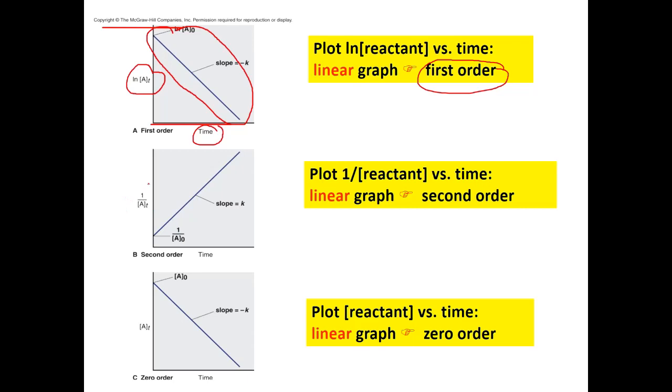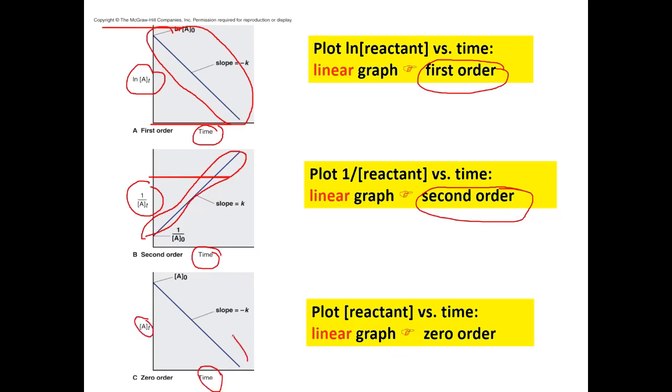But when you plot 1 over At versus time, then you get the linear graph like this. So that means your reaction is second order. And the last one, when you plot At versus time, then you get the linear graph like this. So that means your reaction is zero order.